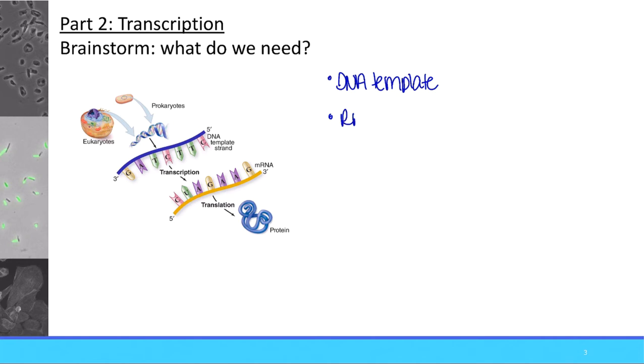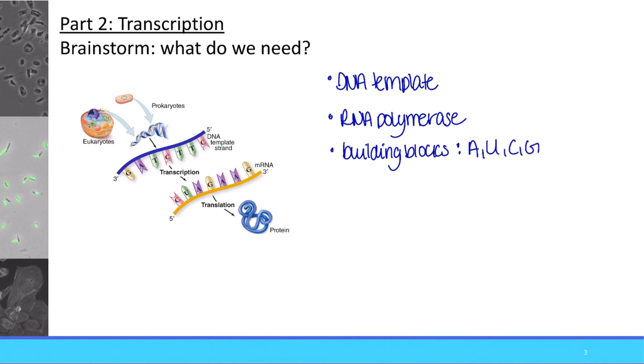We need the thing that's going to do the copying. We are reading DNA and making RNA, so we are going to need RNA polymerase. This is going to be our enzyme that does this process. And of course, we need the building blocks, and those building blocks are going to be our A's, U's, C's, and G's.